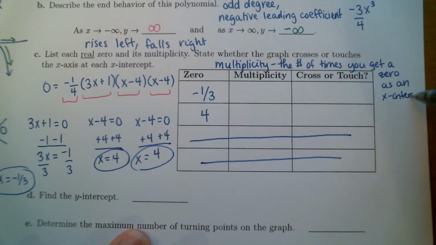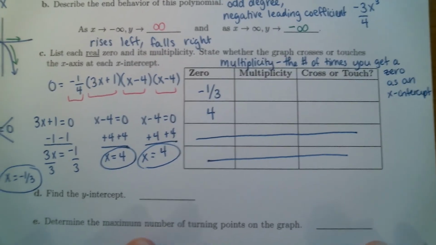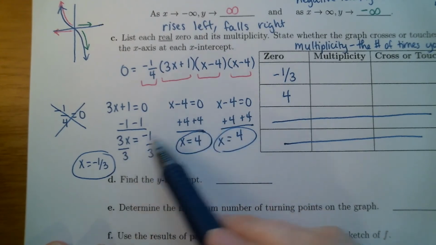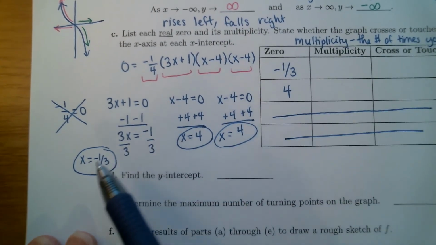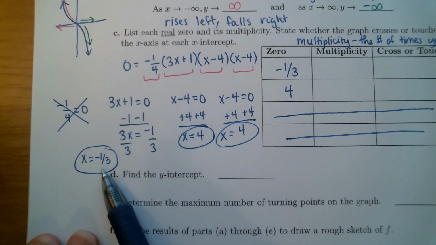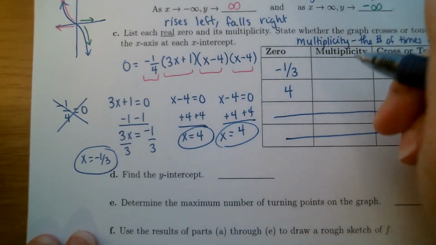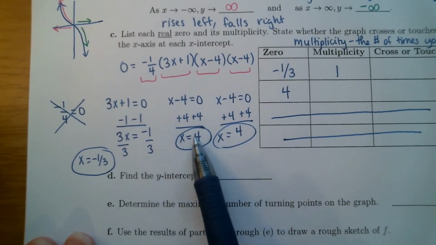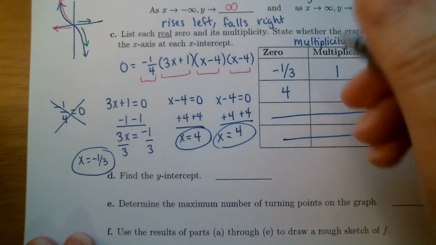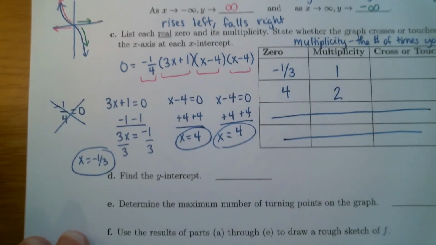Okay, so what I mean by that is, here are my zeros, or my x-intercepts. How many times did I get them as an x-intercept or as a 0? Well, I got negative 1/3 one time, so the multiplicity is going to be 1. But for 4, I got it as a 0 twice, or an x-intercept twice, so the multiplicity is 2.